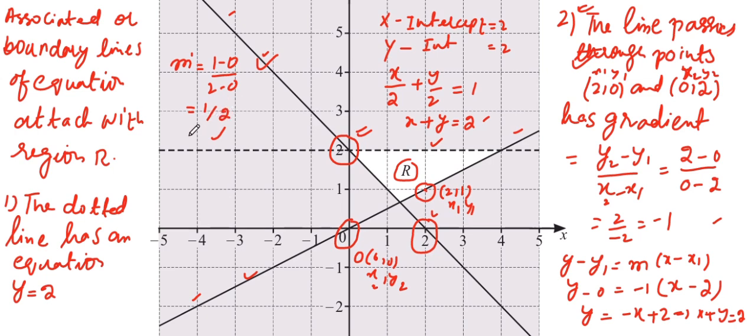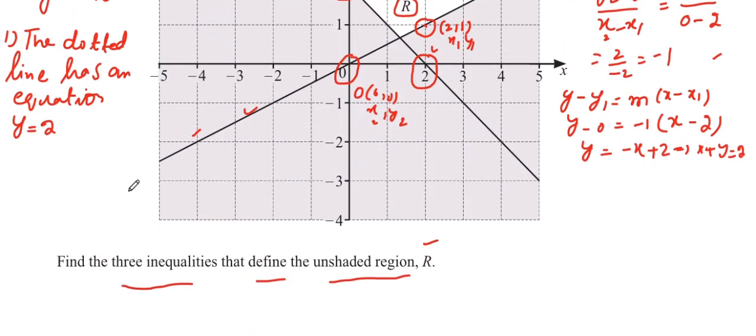So the equation of the third line is y minus y1, y1 is 0, gradient is 1 by 2, x minus x1, x1 is also 0. So this is simply y is equal to 1 by 2 x. This is my third line.